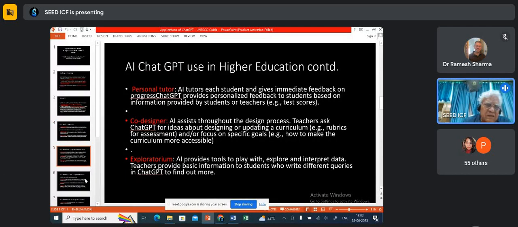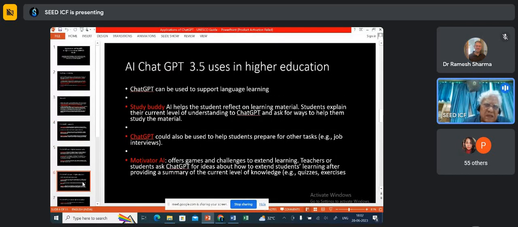Then you would find there are other areas where some software has come, and some companies have also come up with software with which students can reflect on learning material. Students explain their current level of understanding, and ChatGPT can ask ways to help them study the material.